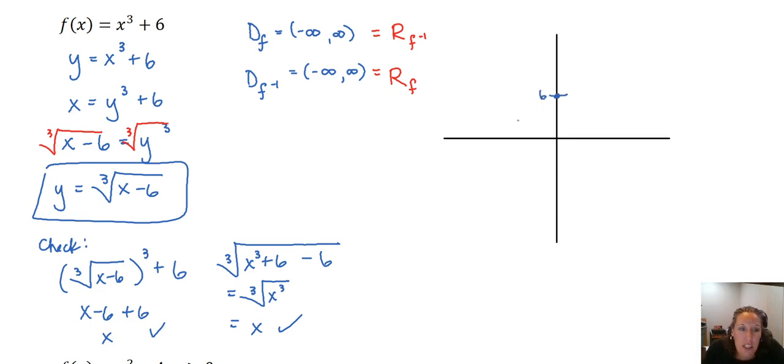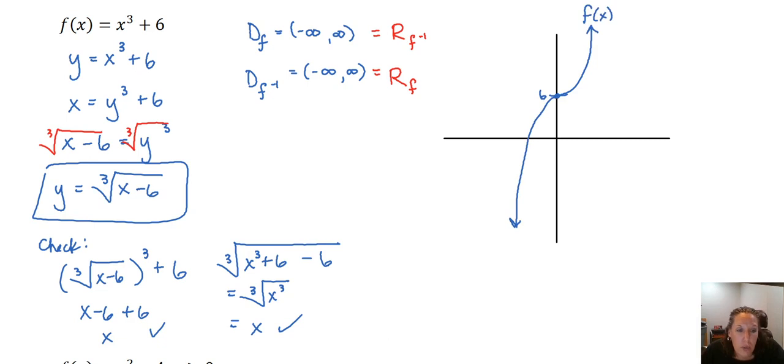here at 6. And the cubic function is going to go up on the right and down on the left. That's going to be our f of x. That was our original function.